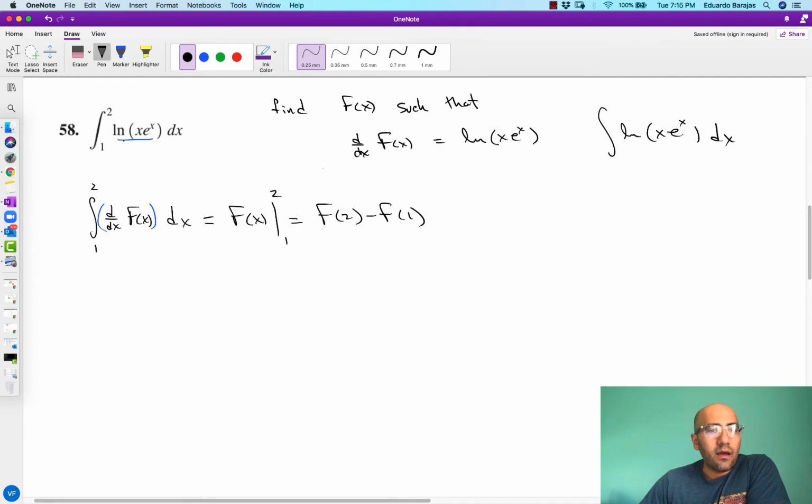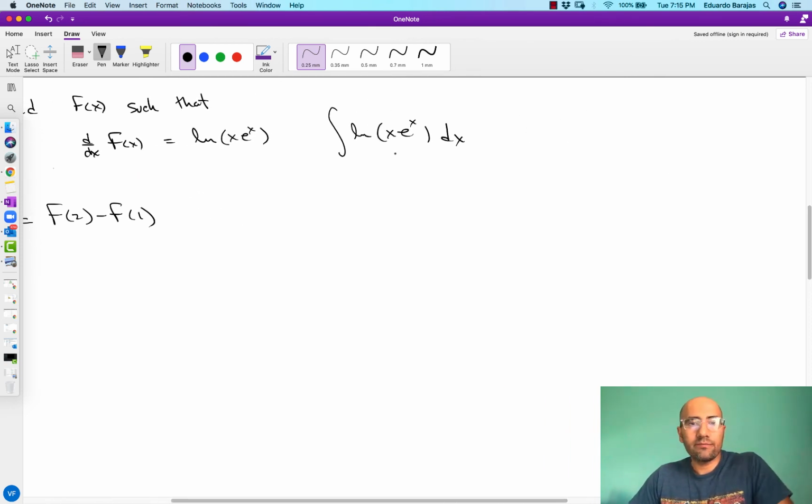The area between this function and the x-axis, between x goes from 1, x goes to 2, whereas this is an antiderivative. Okay, so now let's work on this. When we can find that capital function F of x, we can come back over here and find this definite integral. So how do we find this guy?